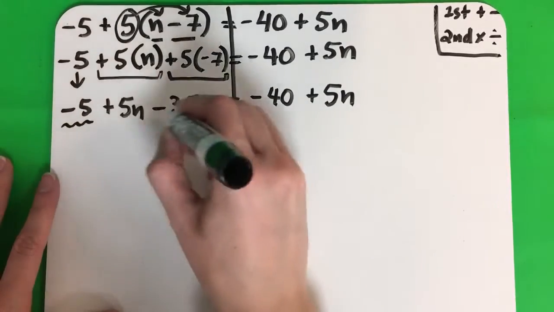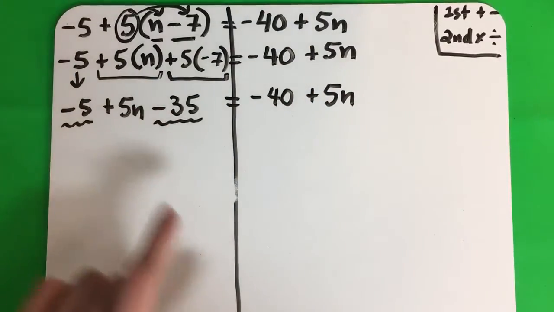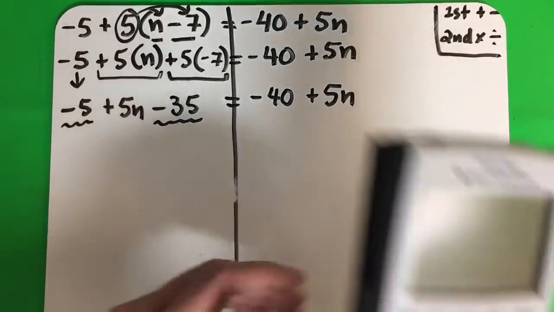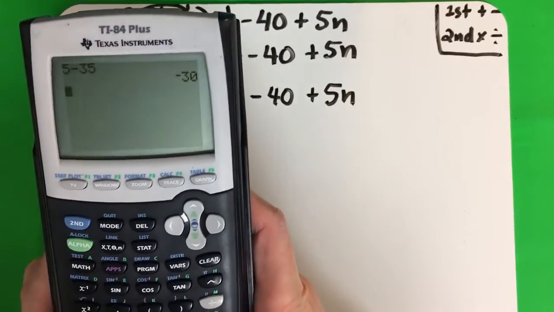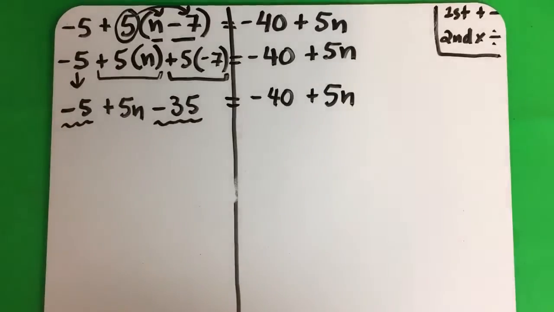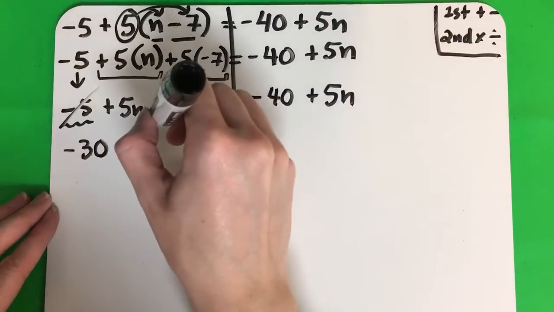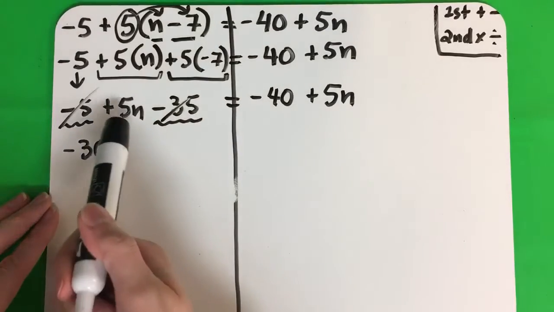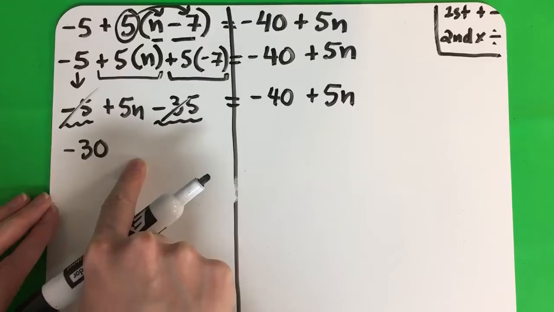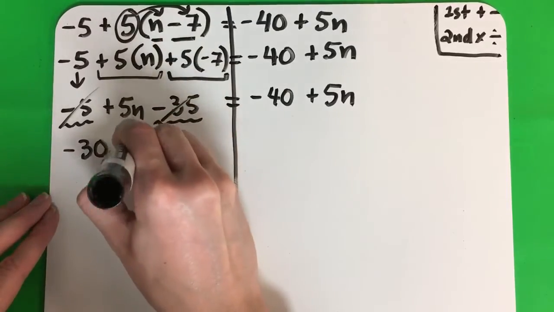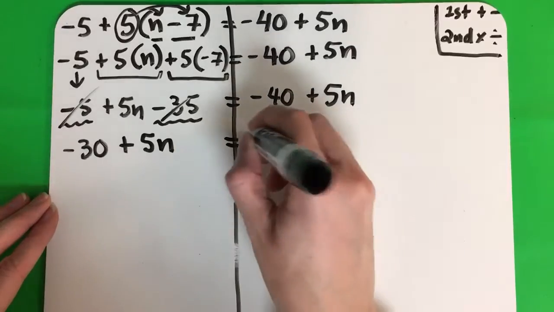So, boom, and boom. So, -5 minus 35, negativo 5 menos 35, -30. So, -30, boom, cancel, cancel. This one does not have a partner, so copy. Esta no tiene pareja, entonces copy. Equals copy.